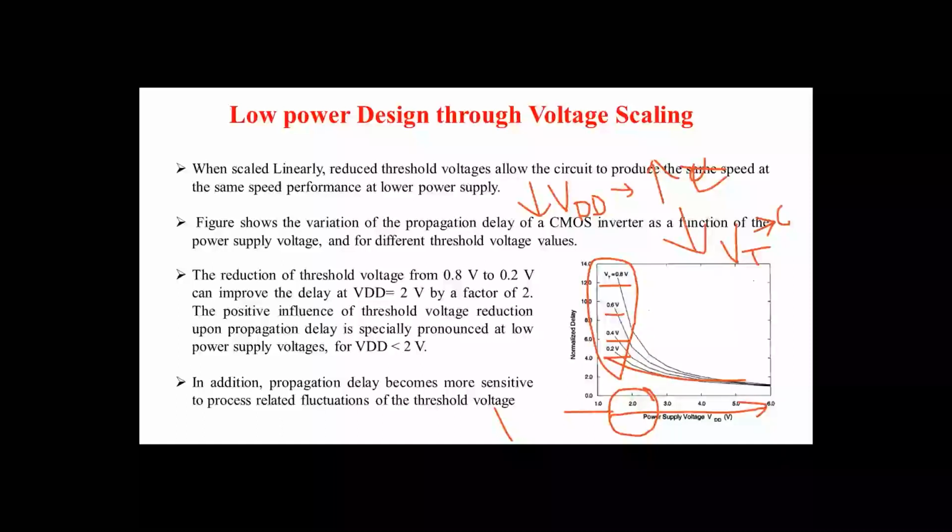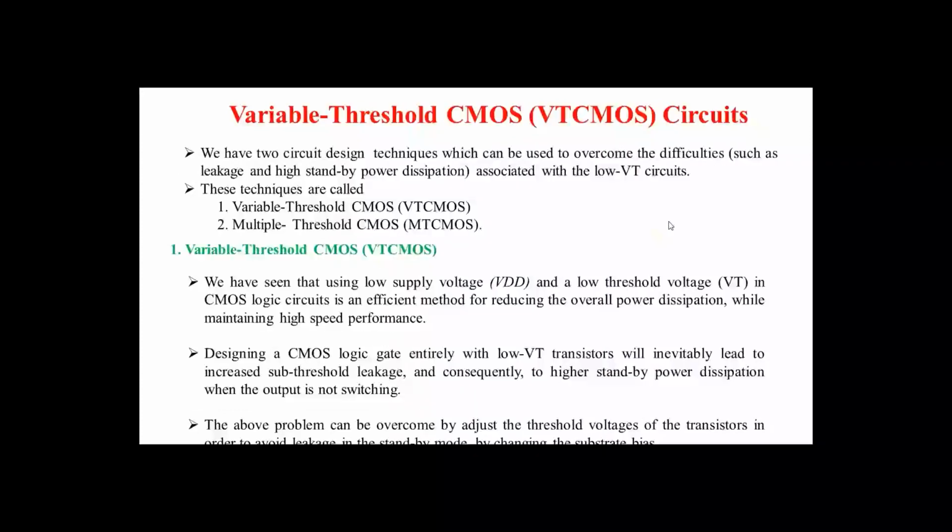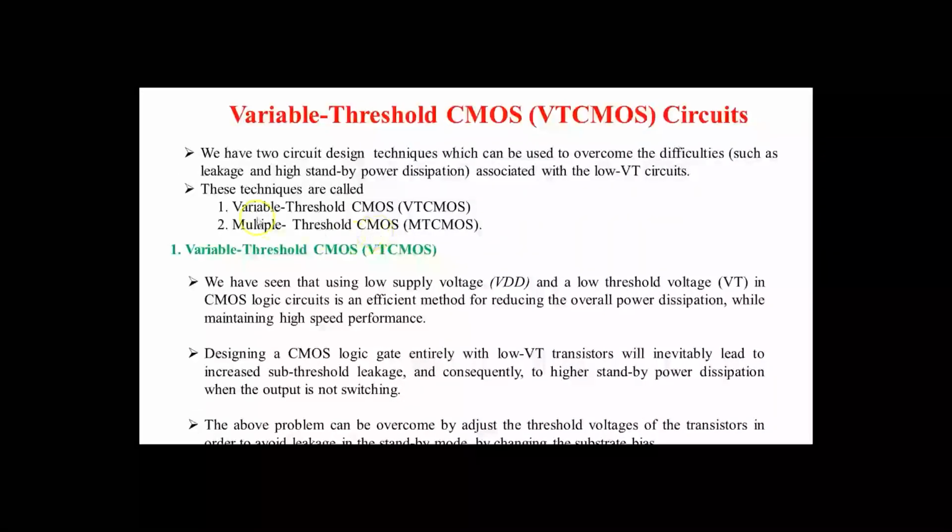The delay is compensated by changing the threshold voltage of the NMOS as well as PMOS transistor. That is obtained by using two methods: the variable threshold CMOS, VT CMOS, as well as multiple threshold CMOS.